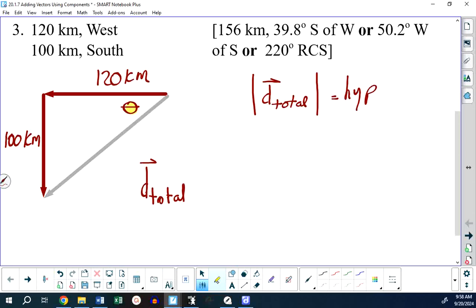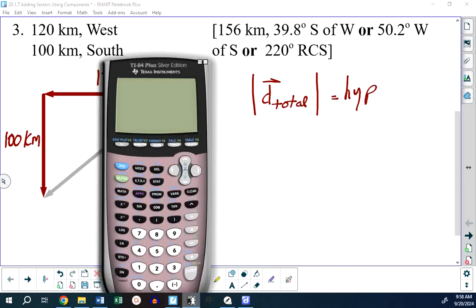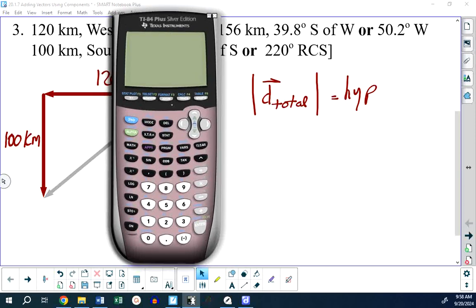And again, just for me right now, being in teaching mode and you being in learning mode, I feel as though I shouldn't have to write down 100 squared plus 120 squared equals hypotenuse squared. That is at this level a trivial calculation. Now, if I gave you a written response assignment or something along those lines and I said, I want to see your work, yeah, you would have to show that. As simple as that is to you, you need to show it if you're asked to show work.